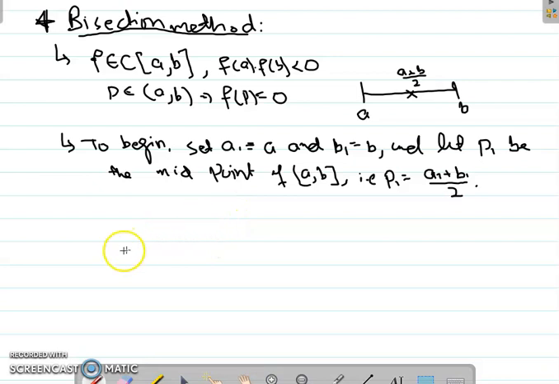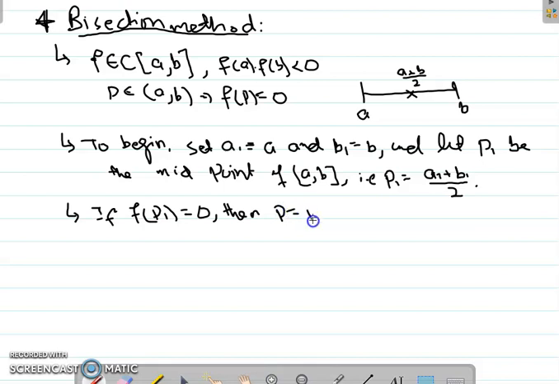What we will do in this method is we will check the value of this p1, and we will put it in f. If f of p1 is equal to 0, it means that this is the required root of the equation.